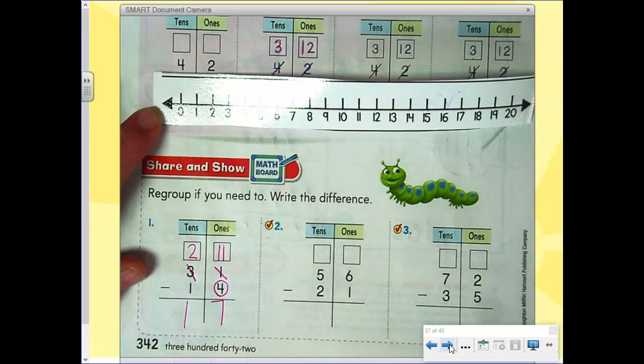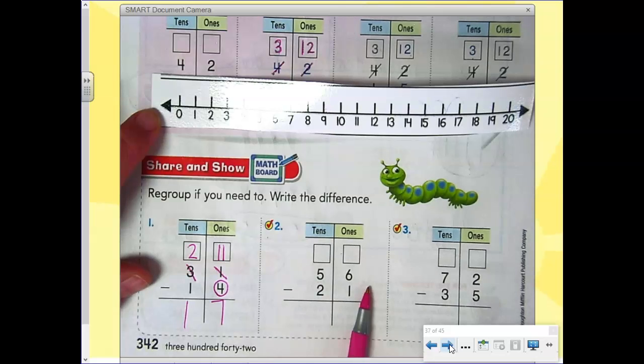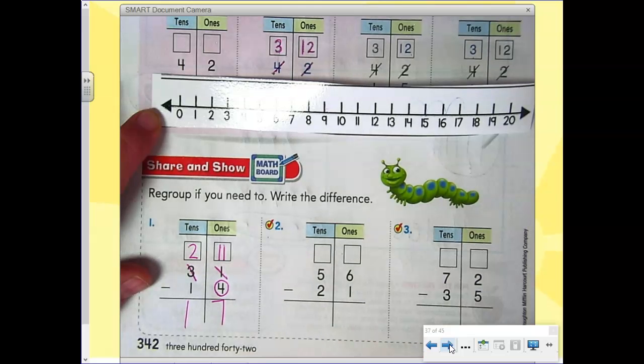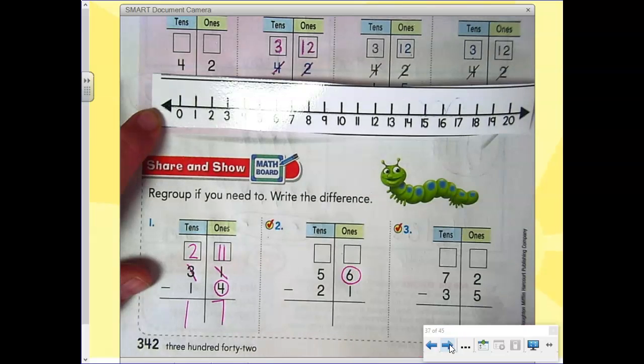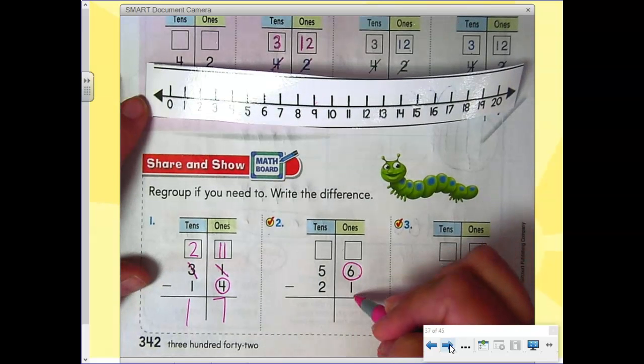All right, you guys help me do number 2. 56 minus 21. Where is your big number? It's at the top. So do we need to regroup? No. Guys, if you have 6, can you take away 1?